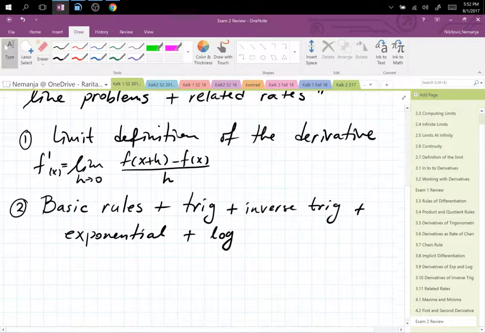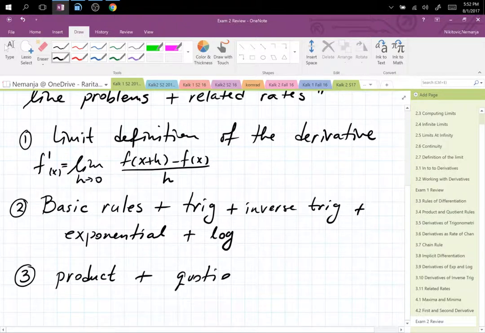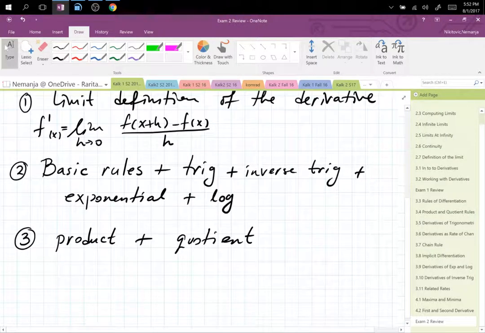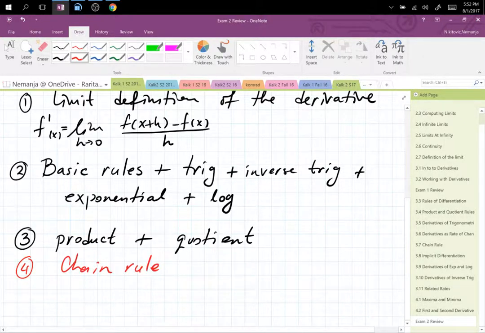So those are all the basic rules. Then we have product plus quotient. Then we have, I'll write this in red, the chain rule. Guys, most of the derivatives we take are chain rules, so yeah, it's red.